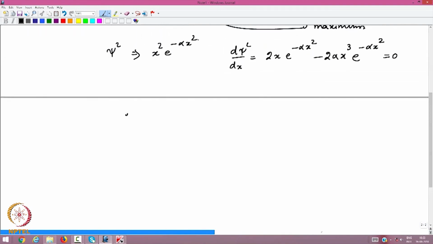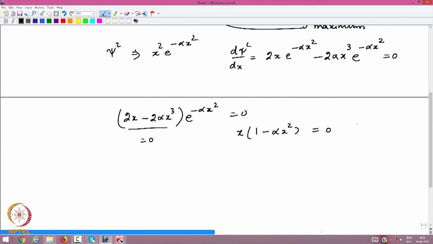And you know that the exponential never goes to 0. Therefore, it is 2x minus 2 alpha x cube times e to the minus alpha x square. If this should be 0, then x into 1 minus alpha x square is 0, so x is equal to plus or minus 1 by root alpha.